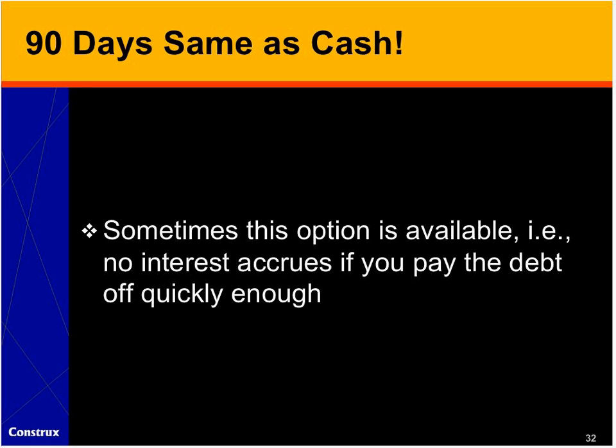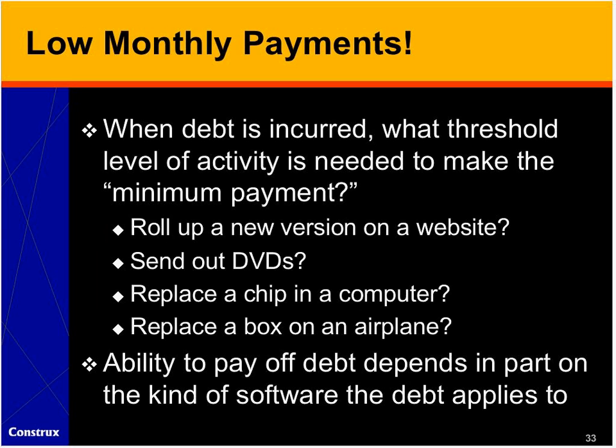There might not be any extra payment on that. Whereas maybe if they wait a year, it would cost more to get that same work done, but right after the release, maybe it's not any more work. So 90 days same as cash really is, I think, a relevant concept.